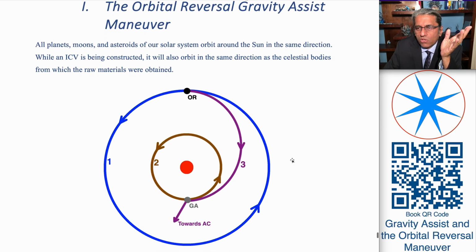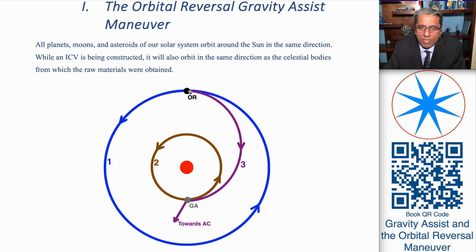So I just sort of crunched the numbers. I call this the orbital reversal gravity assist maneuver. And the idea here is that, let's say you assemble a spacecraft near the Hector asteroid or Jupiter or somewhere, more towards the outside part of the solar system.